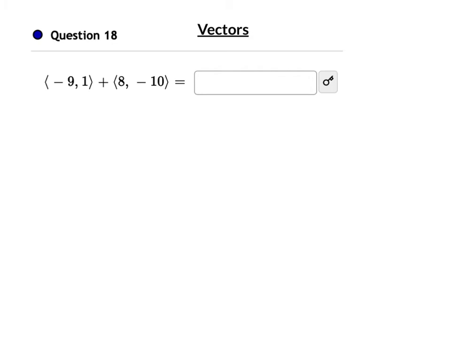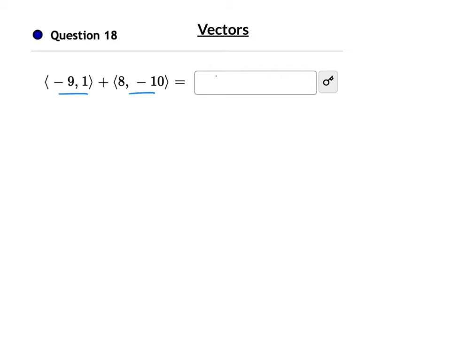For question 18, if we were to do this graphically, we would place these vectors tip to tail, where one ends, the other begins. But since they're in component form, the resultant vector, the one vector that would do what these two do together, is just the sum of these two.